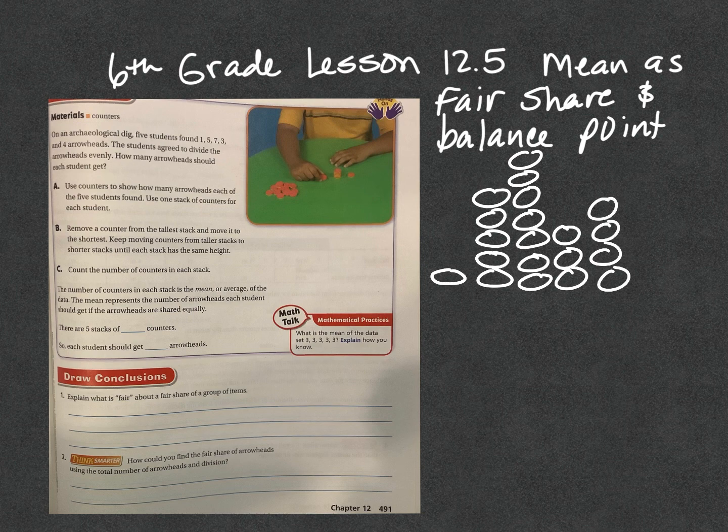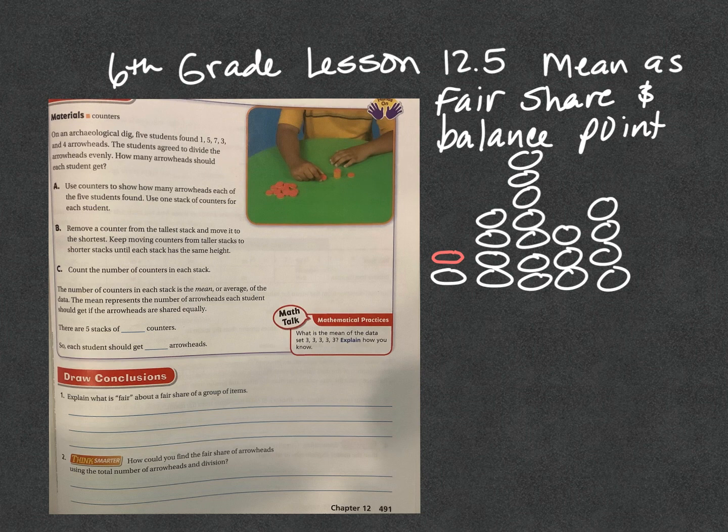If you have these counters all set up, then you can go ahead and redistribute them to make things equal. So maybe I take this one off of this stack and put it here on this stack, because that guy needed some help. He ended up in a bad area of searching.